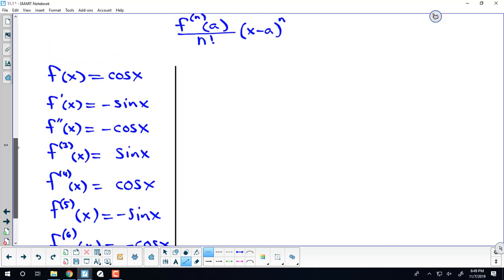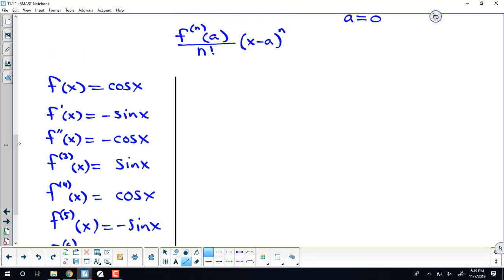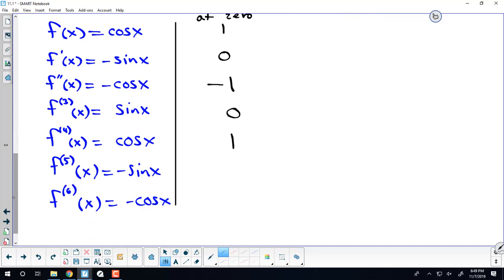So then we need to evaluate all of our derivatives at the center at a equals 0. So we have f of 0 is the cosine of 0. f prime of 0 is negative sine of 0. f double prime of 0, negative cosine of 0. Triple prime at 0, 4th derivative at 0, 5th derivative, 6th derivative.